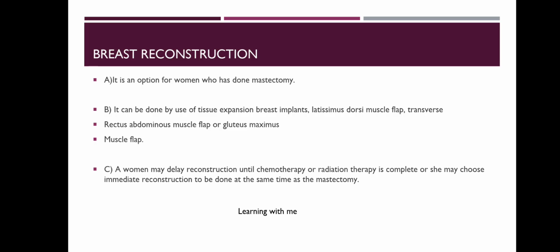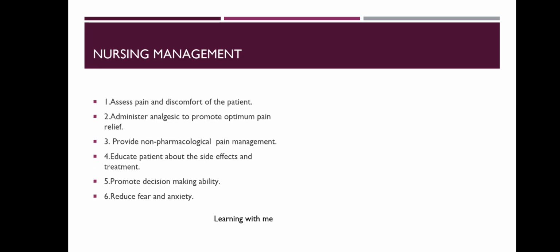It can be done using tissue expansion, breast implant, latissimus dorsi muscle flap, transverse rectus abdominis muscle flap, or gluteal maximus muscle flap. A woman may delay reconstruction until chemotherapy or radiation therapy is completed, or she may choose immediate reconstruction to be done at the same time as the mastectomy.